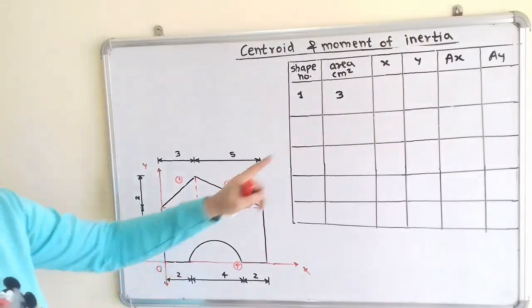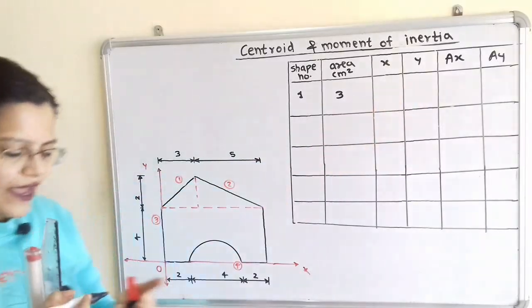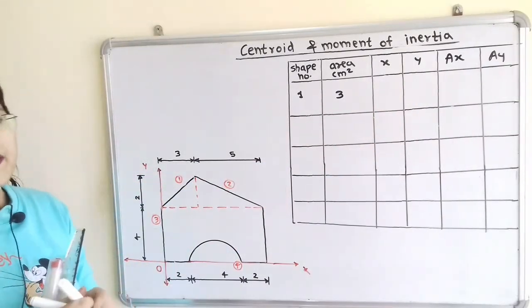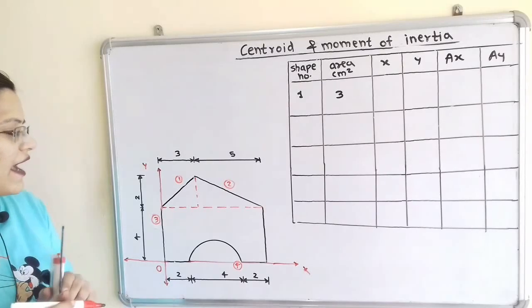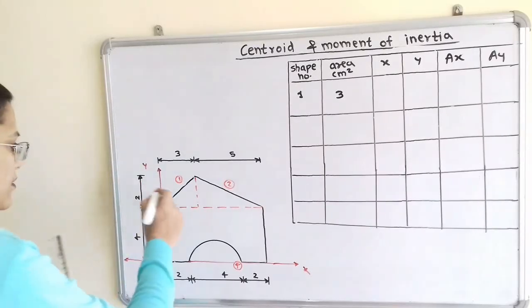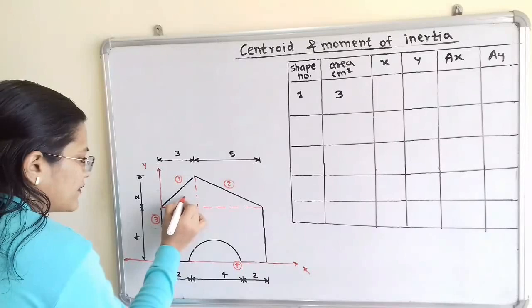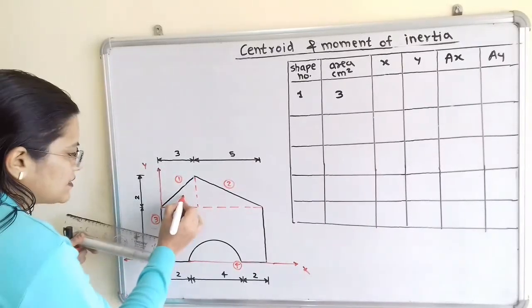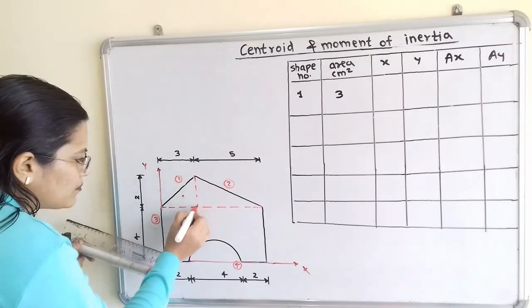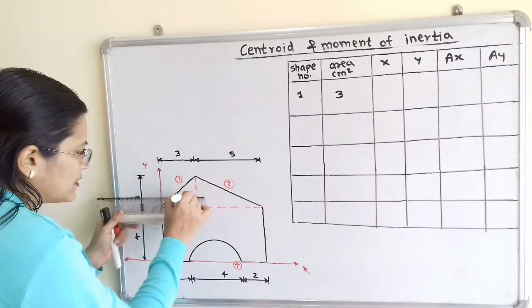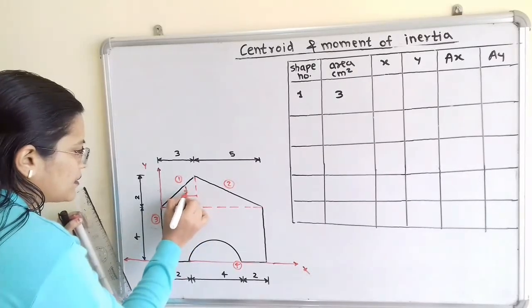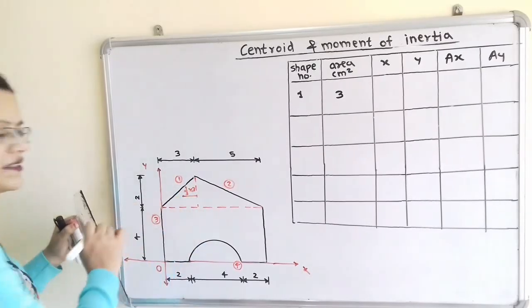Now we have to find the values of x and y. For that we will follow a step-by-step procedure. We first have to select the center point, so for this triangle we will select one center point. The horizontal distance from this height is equal to 1 by 3 multiplied by base, and the base is 3.